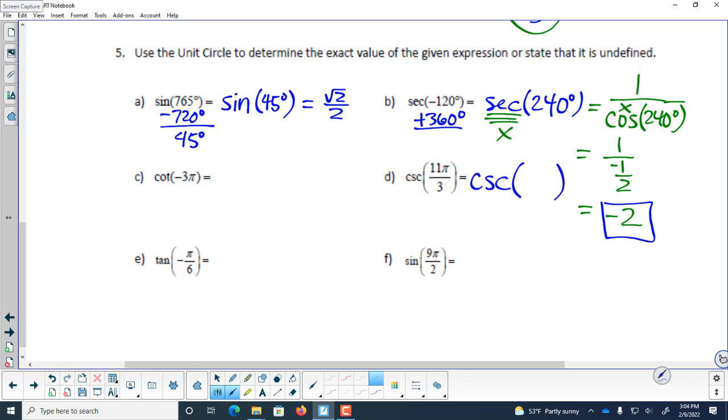So how are you going to find a coterminal angle? Subtract 2 pi. So here's your quick common denominator trick. It's fast, right? 11 pi over 3. 3 is the denominator. Double it. 6 pi over 3 is 2 pi. 6 divided by 3 is 2. You can get those fractions fast.